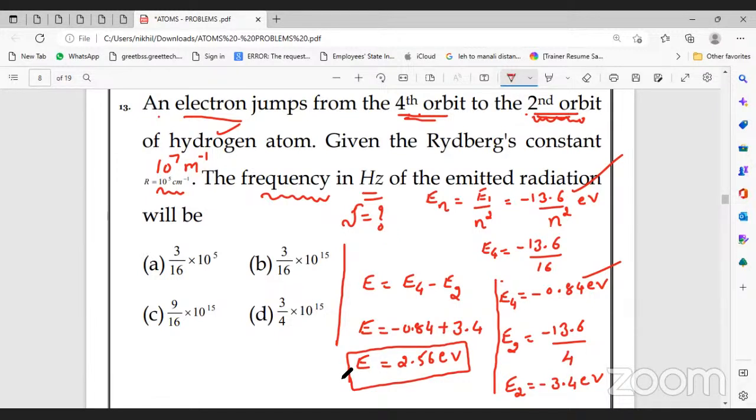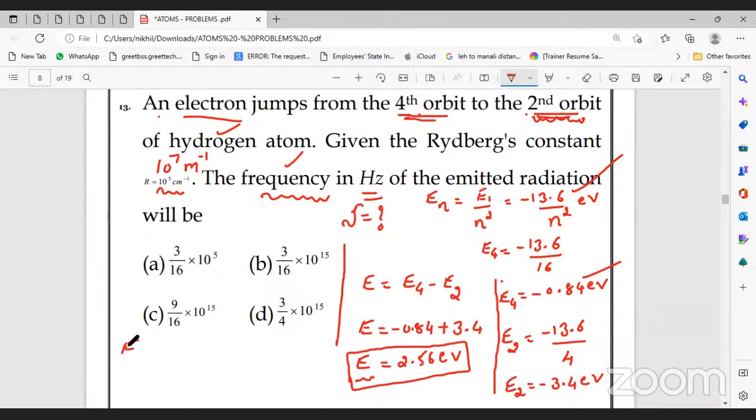But they are not asking you to find the energy. They are asking you to find the frequency. Sir, how to find the frequency then? Why have we found the energy? Because without the energy, you can't find the frequency.